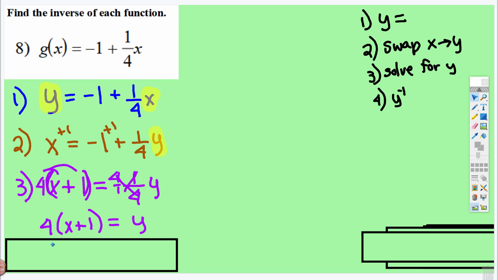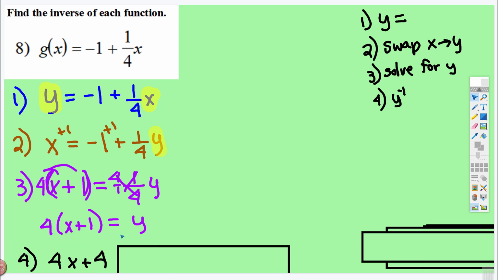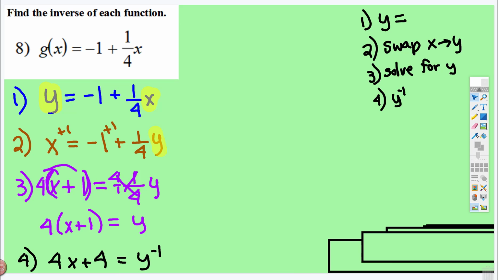And then you're going to do the distributive. So 4 times x is 4x. 4 times 1 is 4. And now because the y is by itself, it's y to the raised negative 1. Since it originally started out as g of x, probably writing it as g to the raised negative 1. All right, let's do another one.